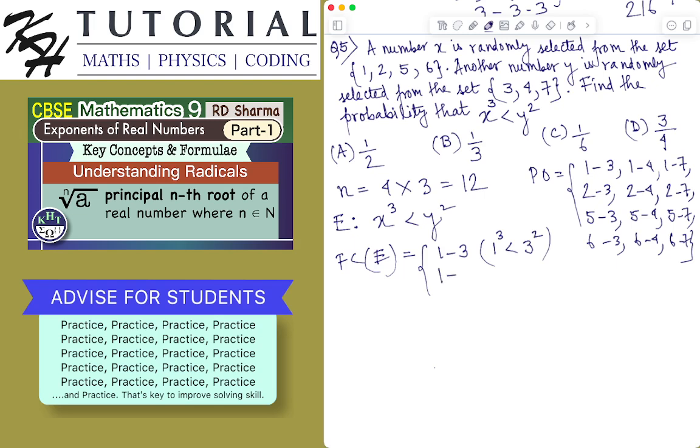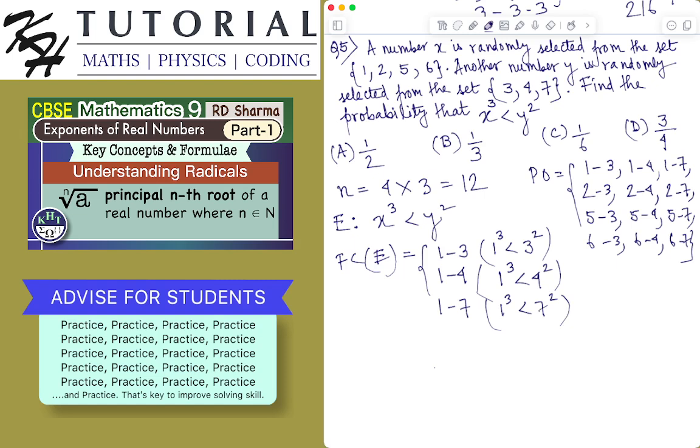We can choose 1, 4 because 1 cube is less than 4 square. Obviously, it will also be 1, 7. The outcome 1, 7, that is x is 1 and y is 7, will also be favorable to the event E because 1 cube is less than 7 square.